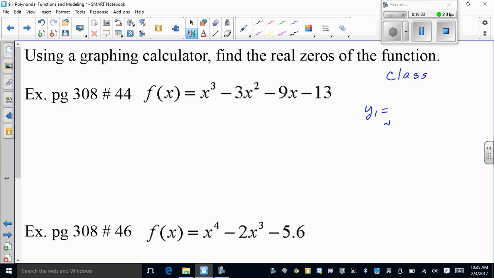Then it's the same as doing a max or min: second calc, but instead of the max or min, you want the zero. That gives you the y value of 0. But again, we will do these ones in class to make sure people know what they're doing on a calculator.